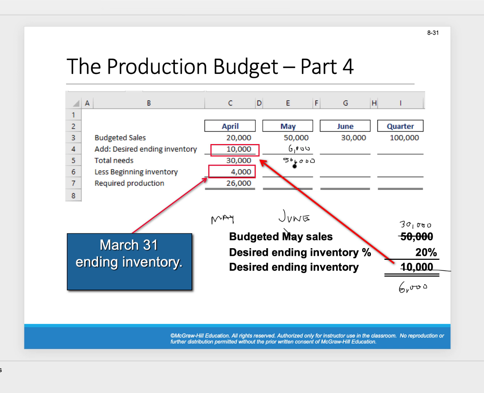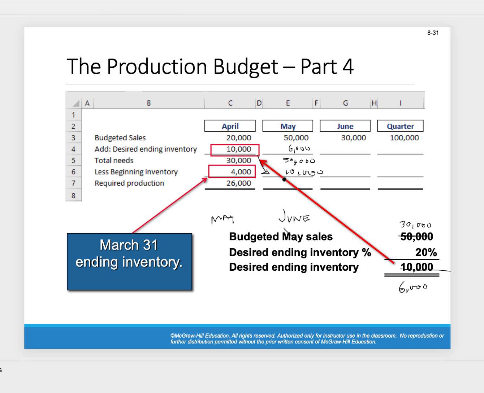Okay, but I started this month with how much? 10,000 units, right? The desired ending inventory in April was 10,000. That means I started May with 10,000 units. So how much do I need to produce, or what's my required production?